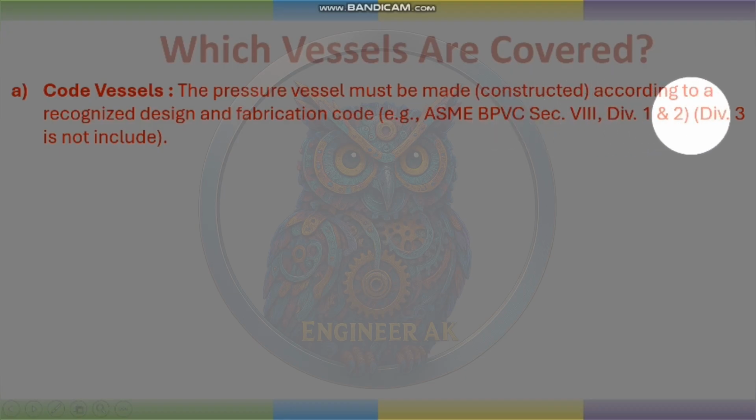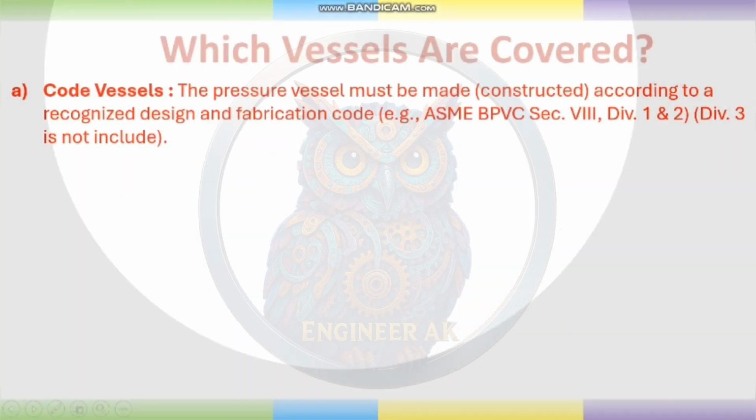Remember, this code doesn't cover Division 3. Vessels that are designed based on Division 3 are not covered in this API. So any vessel that is constructed based on a standard or internationally recognized code will be called a code vessel. So this API 510 can be applied on it.